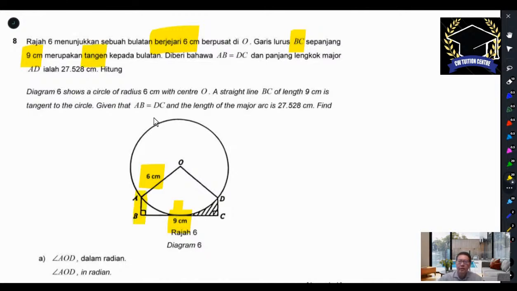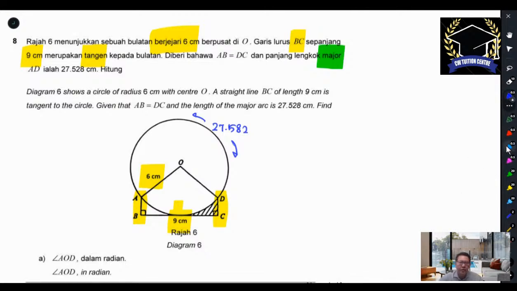Given AB equals DC, and the major arc length, they mention major arc length, AD is, that means it's here, 27.528. That means it's this major arc length. Calculate, whatever they want to count, later only we do.